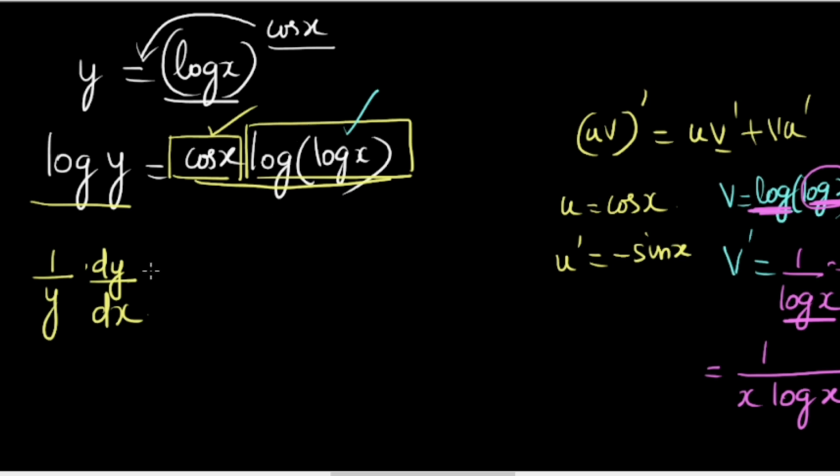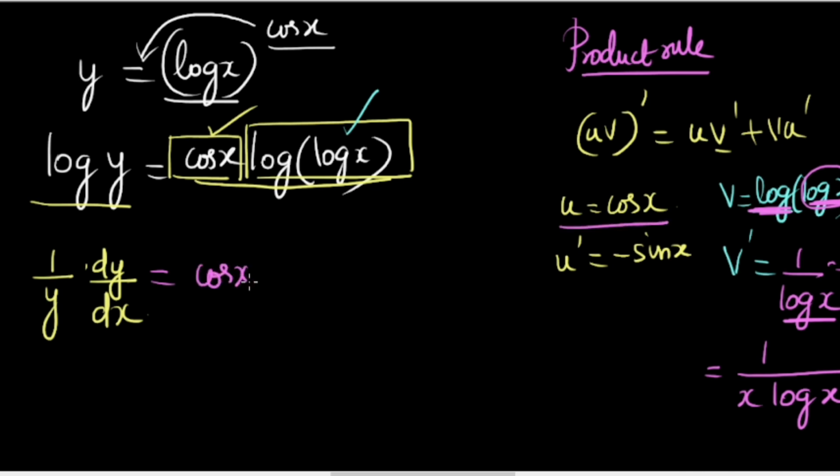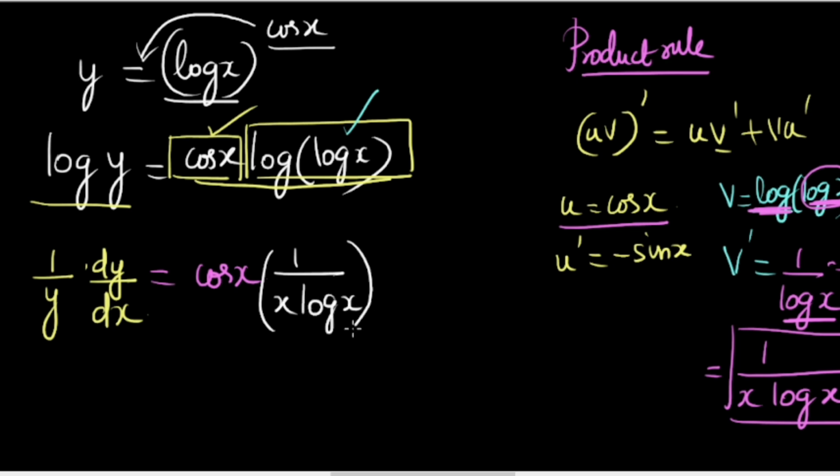So now we'll apply our product rule here. First thing is our u, so cos x times v dash, which is actually 1 over x times log x, plus v.